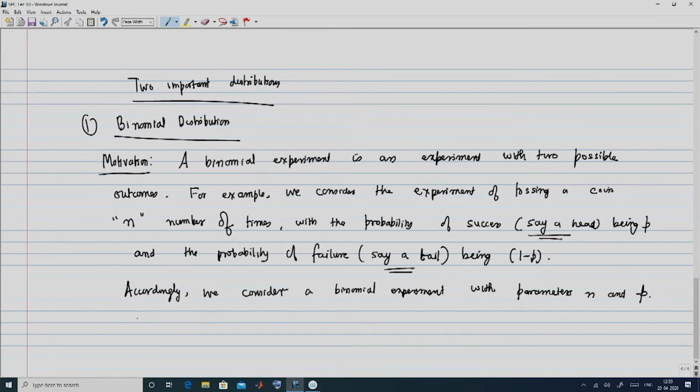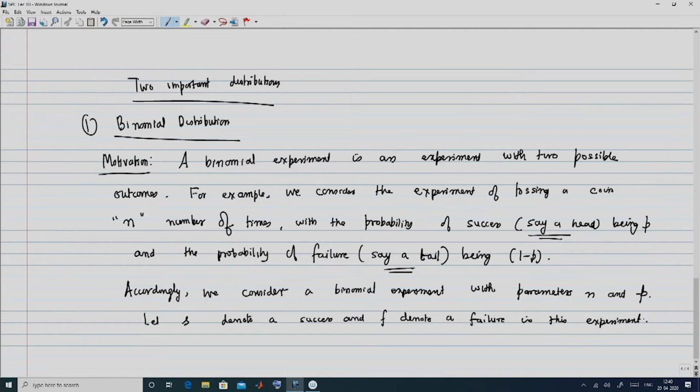Alright. So, now we are talking about success and failure. Accordingly, this motivates us to use the letter S to denote a success and F to denote a failure in this binomial experiment.